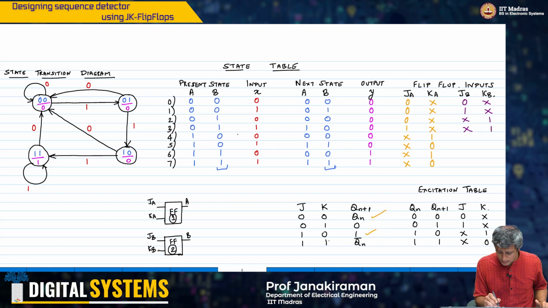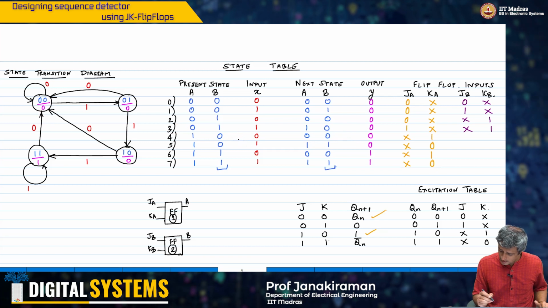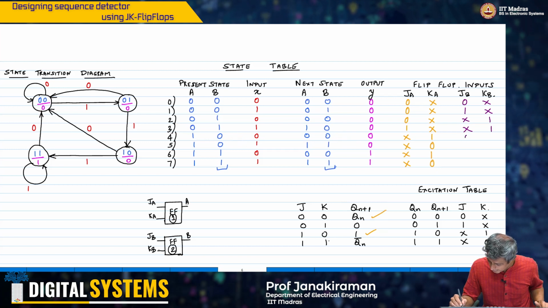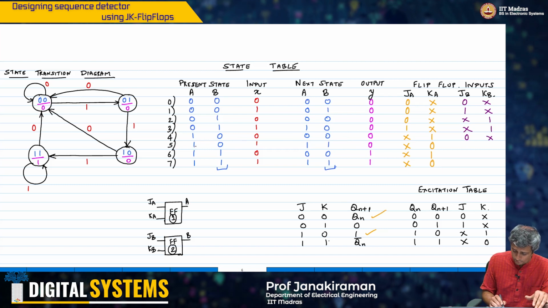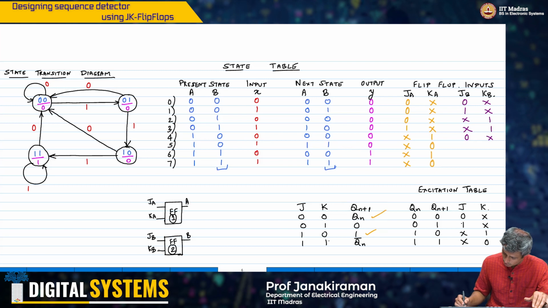Again row 4, I am looking at 0 0, which basically is 0x. Row 5 is again 0 1, present state, next state 0 1, so I get 1x.